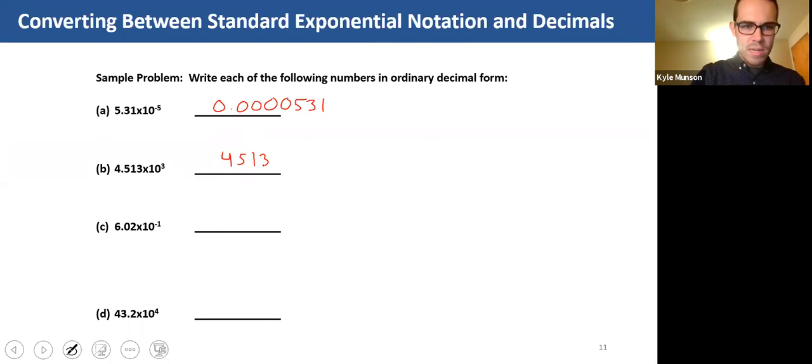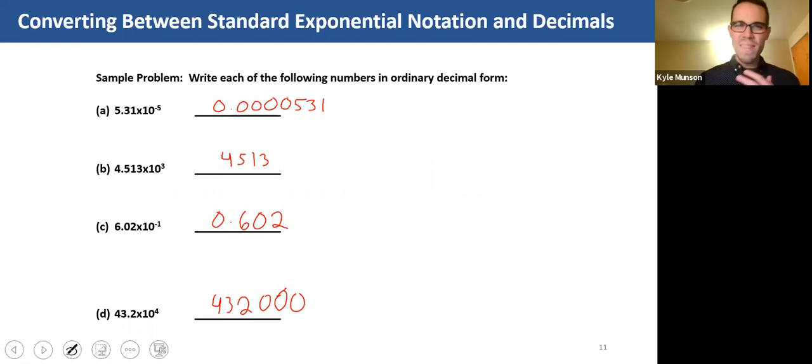This number here is going to be 0.602. And this number is going to be, I believe that's right, yes. Those aren't sixes, those are zeros.